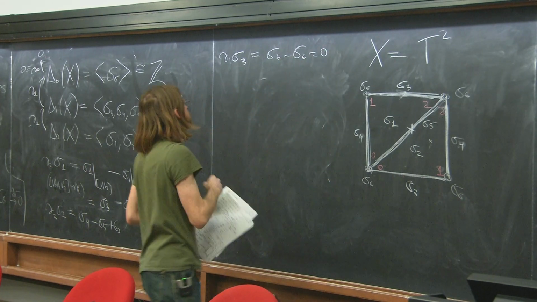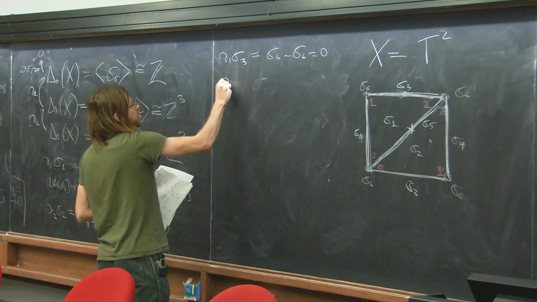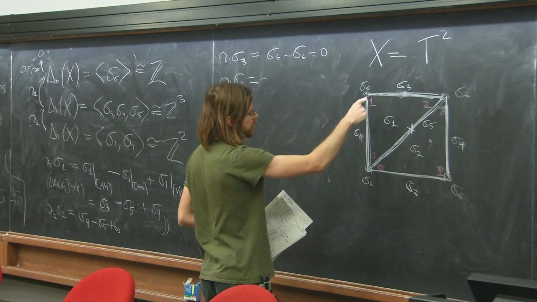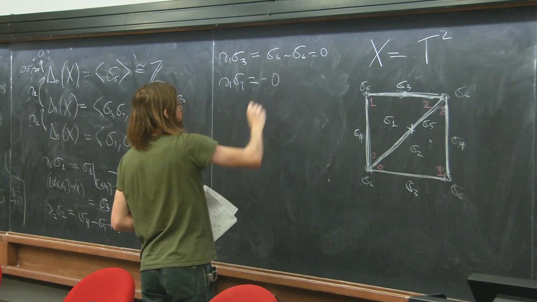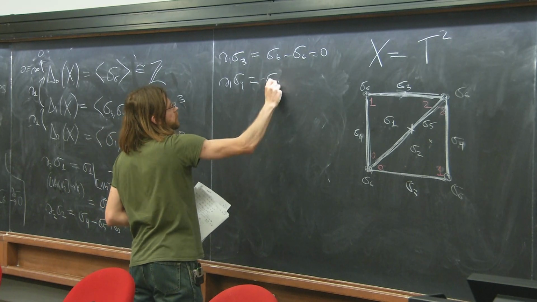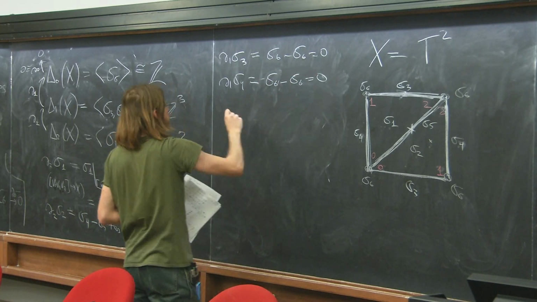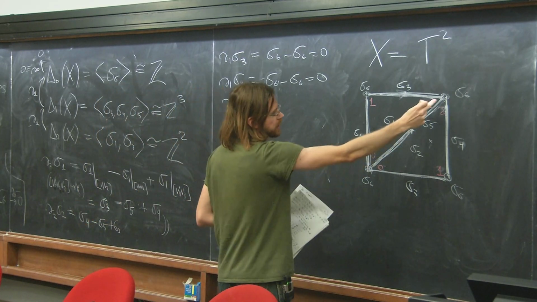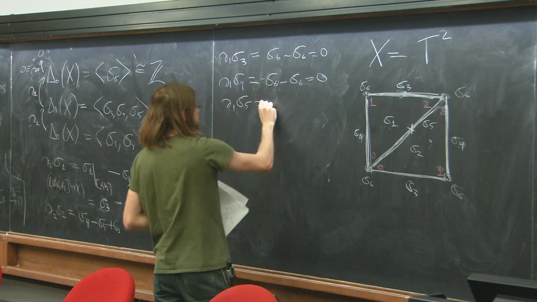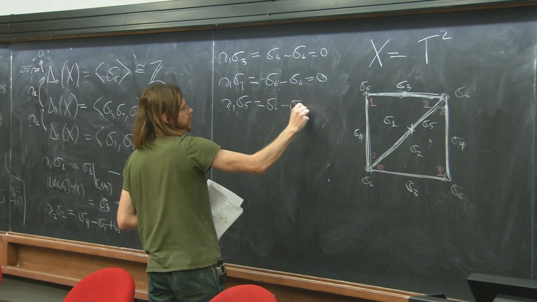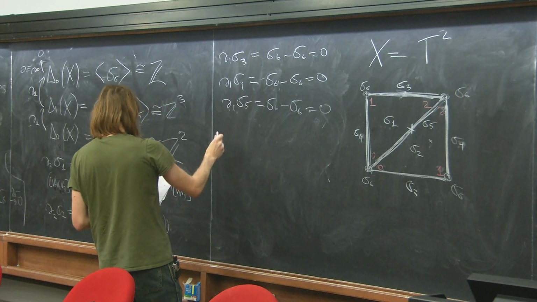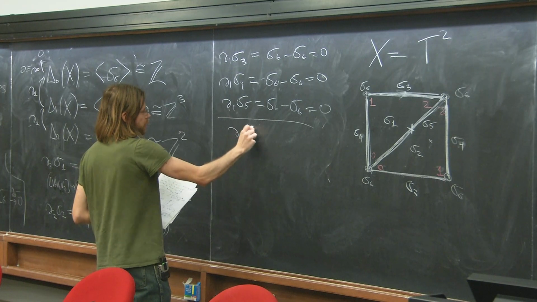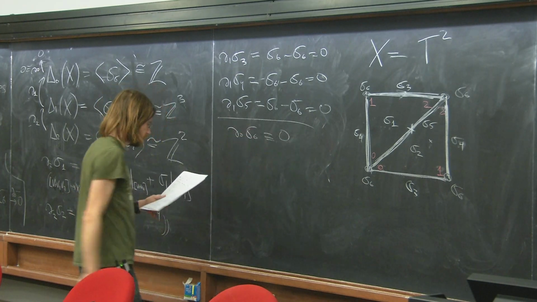This is 0. Similarly, for sigma 4, I get this minus this. This is also 0. Sigma 6 minus sigma 6 is 0, and D1 on sigma 5 is again sigma 6 minus sigma 6, which is 0. And of course, by definition, D0 on sigma 6 is 0.